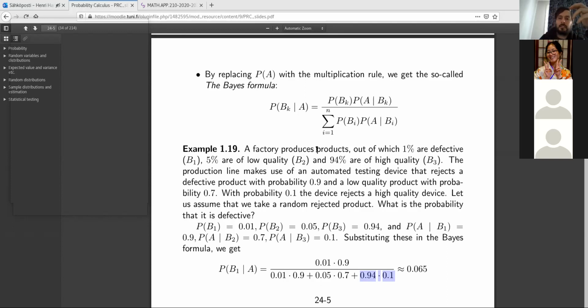And see that these so-called prior probabilities, the probabilities before testing, have a huge impact on how they appear after the testing, what kind of distribution, if you will, emerges after the testing.